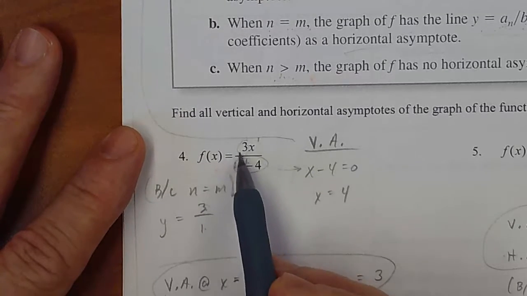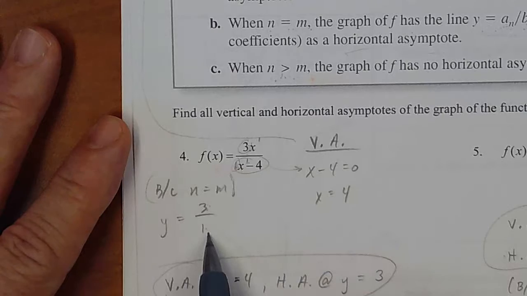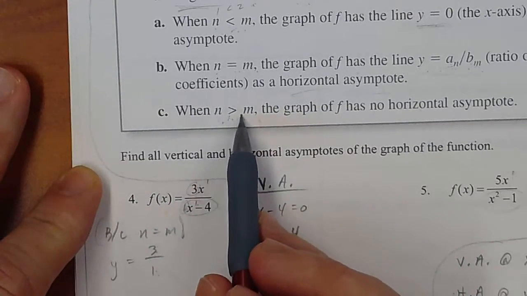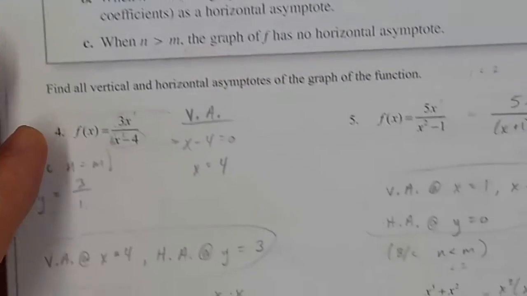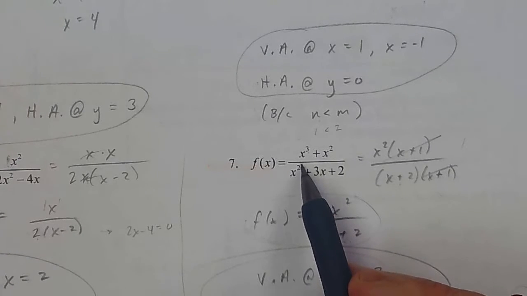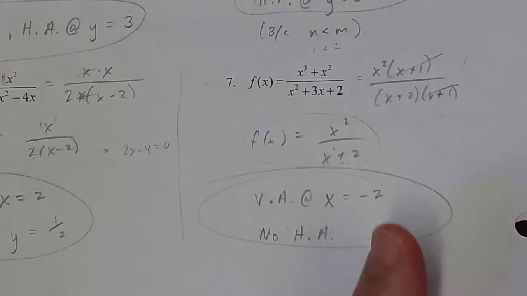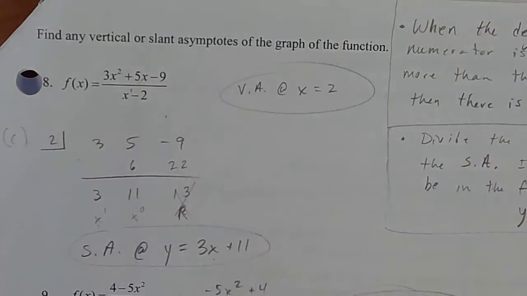So we took the leading coefficient of 3 and divided it by the leading coefficient of 1. Okay? All right, and sometimes the degree will be higher on top. So when the degree is higher on top, there is no horizontal asymptote. There might be a slant asymptote. So that happened on number 7. Degree 3 over degree 2. So you just say there's no horizontal asymptote when that happens. Okay. And then went over slant asymptotes. Once again, I went through all this in detail in the video, so revisit that as needed.